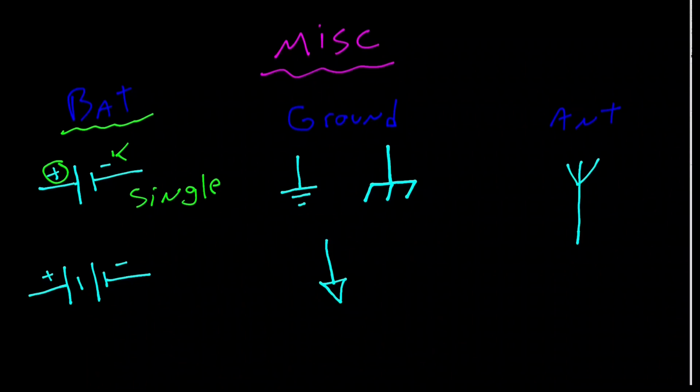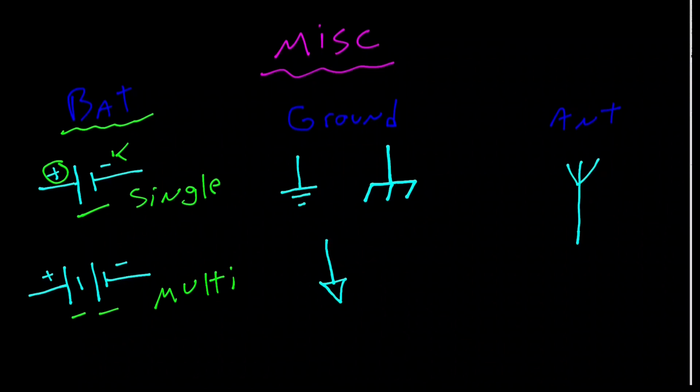On the one below it, as you can tell, is a multi-cell battery. It's a multi-cell because it contains essentially two of these components over here. So you have one cell and another cell, meaning this is composed of two cells, or a multi-cell battery.